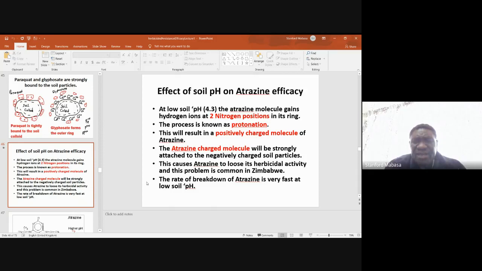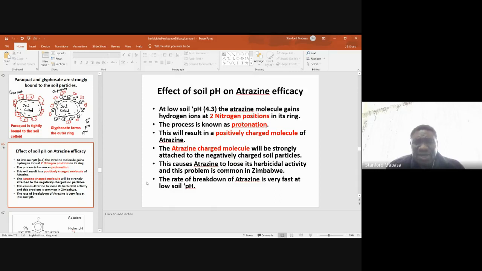Now, when atrazine takes up these hydrogen ions, it becomes positively charged atrazine. When it is positively charged, it is attracted by the negative soil surfaces or soil particles, and it is strongly bound to those particles.